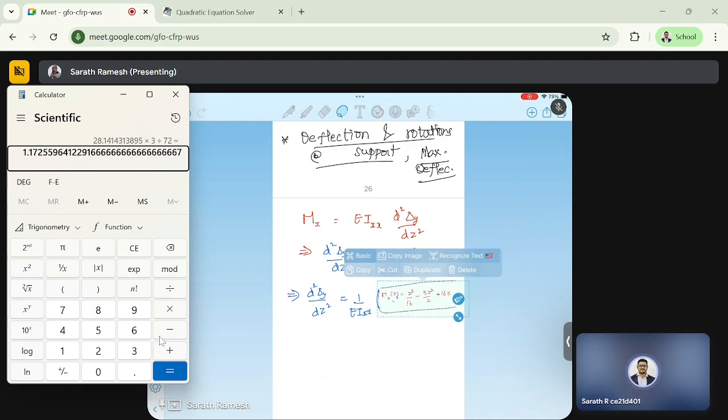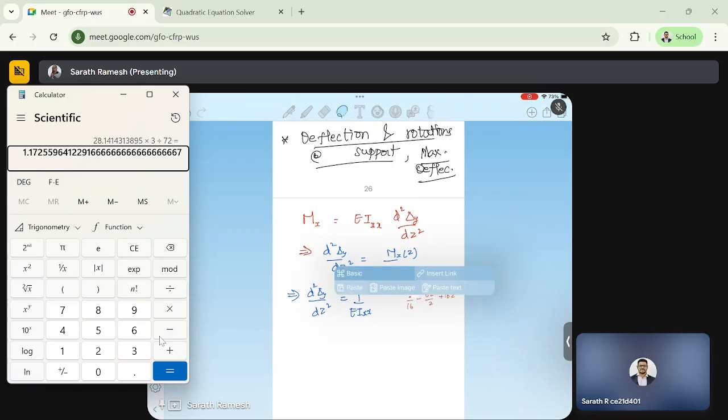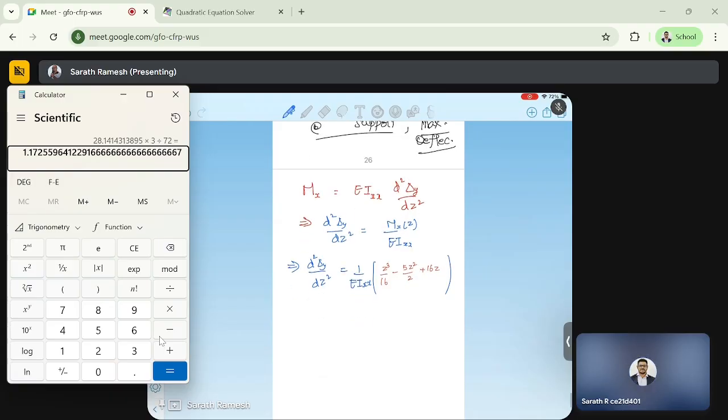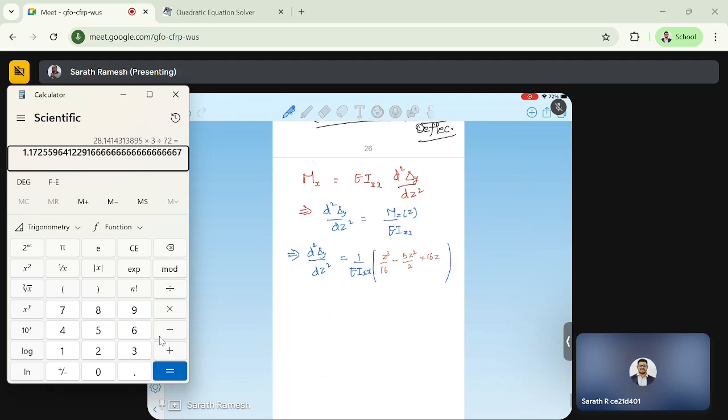Finally, we have got this. Okay, so 1 by EI into Z cube by 16 minus 5Z square by 2 plus 16Z. Fine. I hope this is right, no?